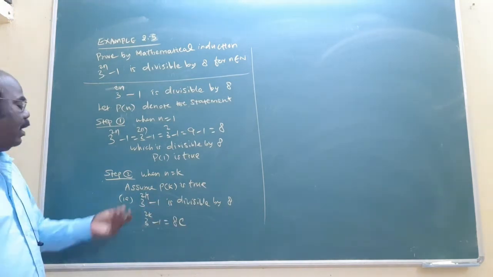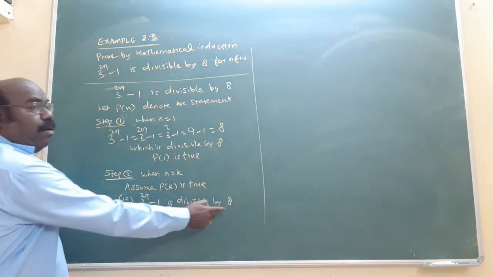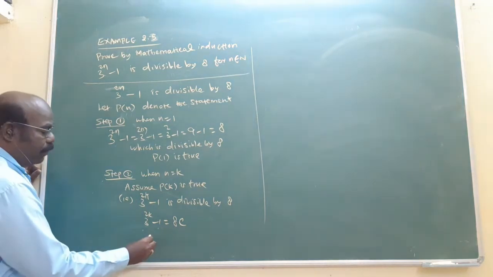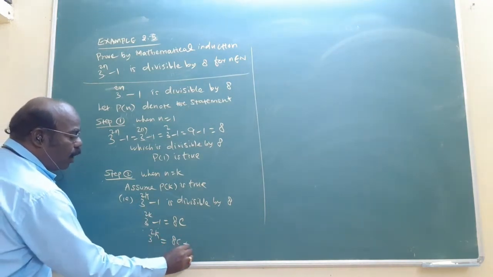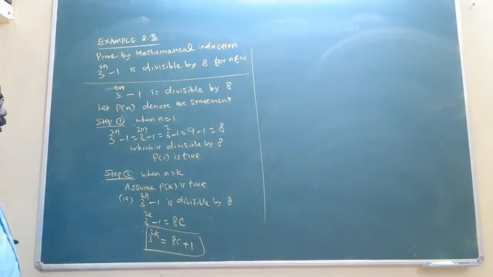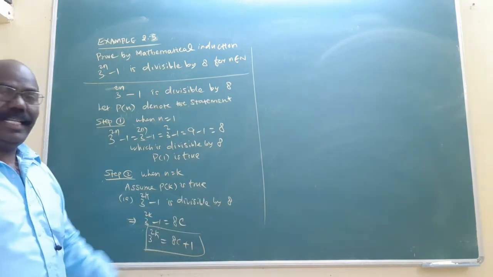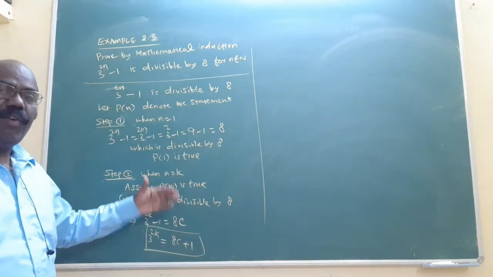In this way it will come. That's why you want to write a multiple of 8. Now we have one side: 3 power 2k equals 8c plus 1. By using this idea only we get the answer. Am I right? Suppose divisible by 7 means 7 into c. Suppose divisible by 24 means 24 into c. In this way you want to assume.